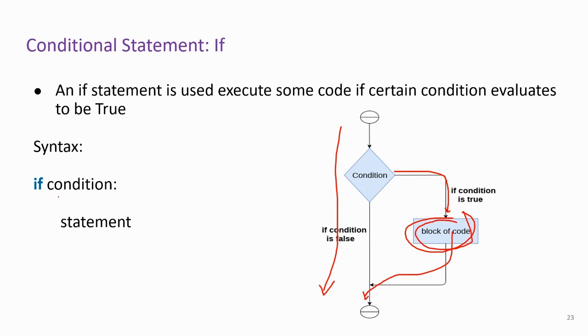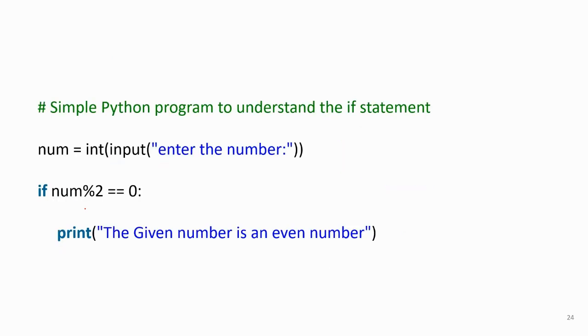Here is the syntax. If some condition is true, then the set of codes will be executed. You have to use a colon after the condition in the if statement. Then only this will be taken as a control statement, the if statement. Here is an example.